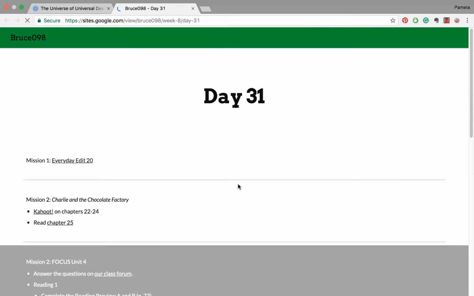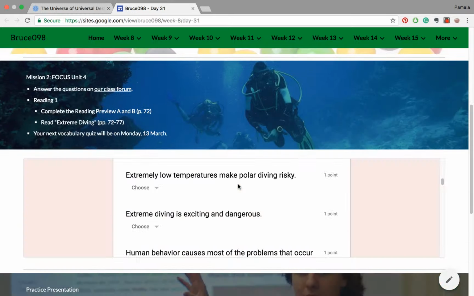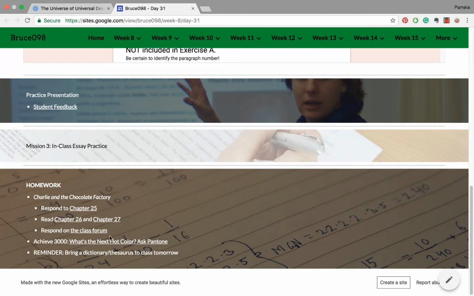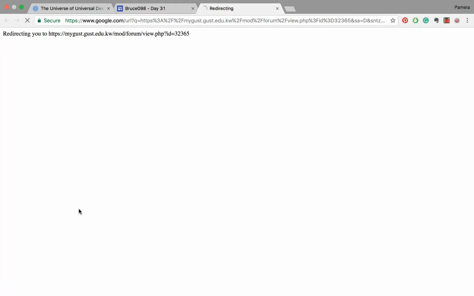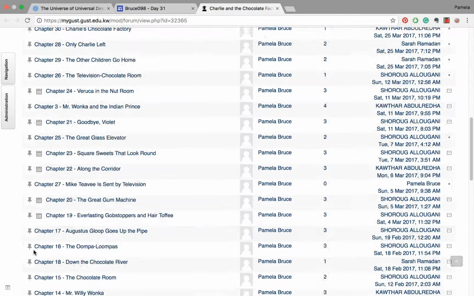As I mentioned, we were working on a novel throughout the semester, and every day the students had specific activities that they needed to accomplish for the novel: going on to our class forum and responding to a specific chapter. They always needed to write a one-sentence summary on that particular chapter.